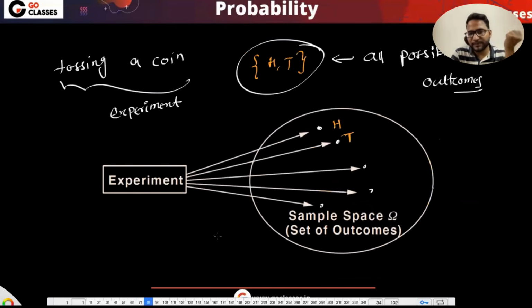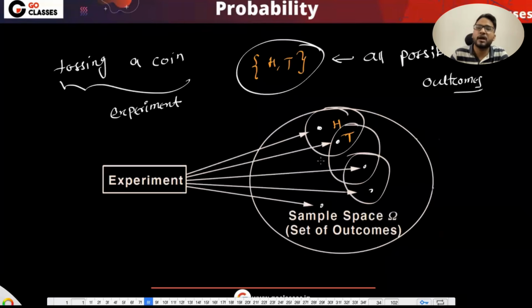You are having an experiment to begin with, and all the possible outcomes are called the sample space. Out of that sample space, we are generally interested in finding the probability of an event, which means I will say, what is the probability that head or tail will occur? What is the probability that these two will occur? Like that, we are generally interested in the probability of an event.